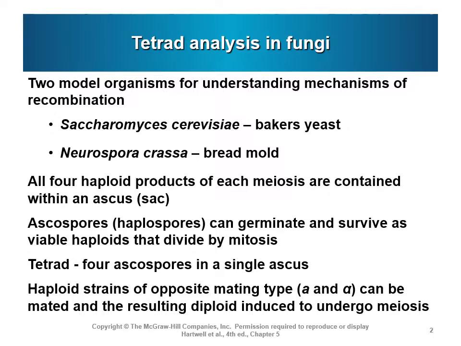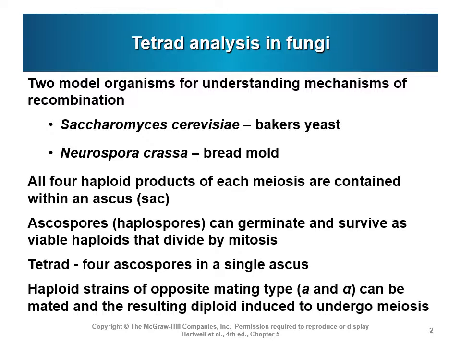However, there are some organisms, such as some fungi, that can give us the opportunity to analyze this differently, as they can pass all four haploid products in one sac, which is called an ascus.